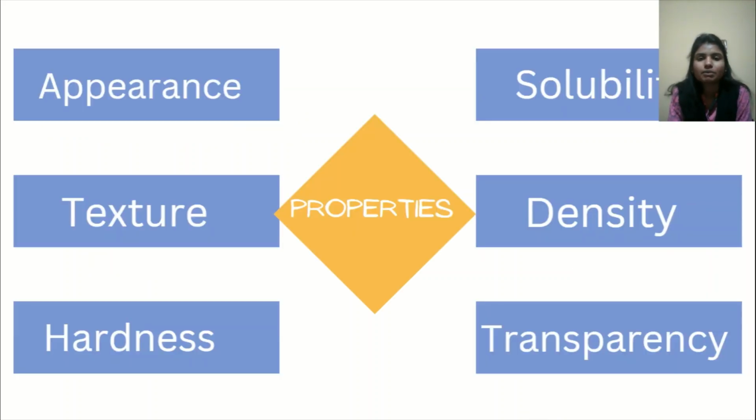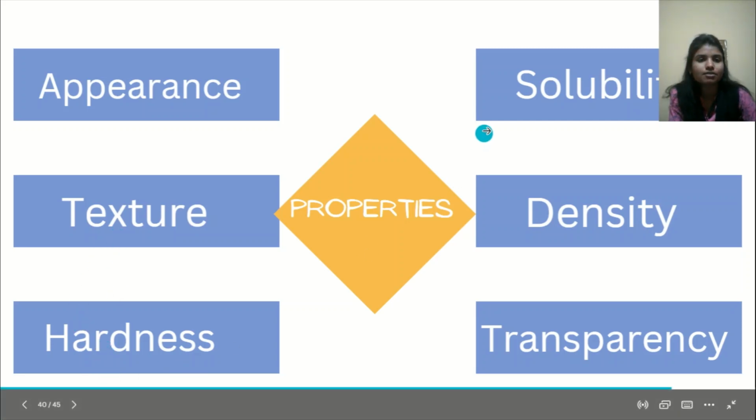Now, coming to the properties of material, there are 6 properties of material, and today we are going to discuss 4 of them. The properties of material include appearance, texture, hardness, solubility, density, and transparency.